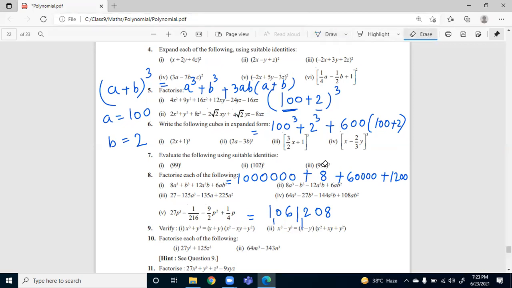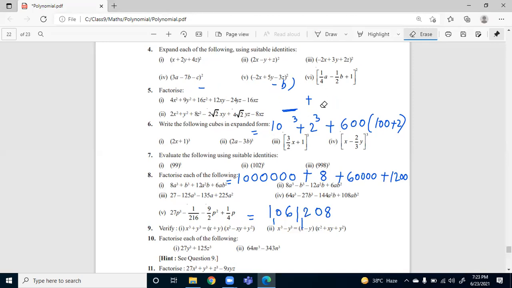So in this way, now 998 is there. Then how do we need to do 998 cube? Ma'am, can we try? Yeah. Ma'am, it will be 1000 minus 2. You are correct.